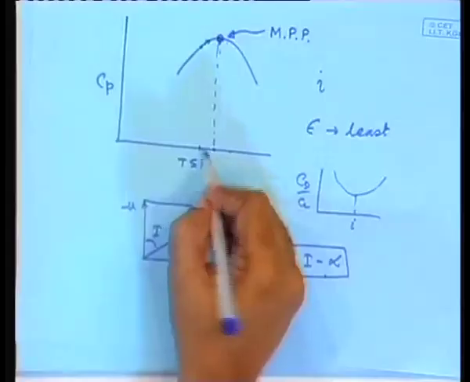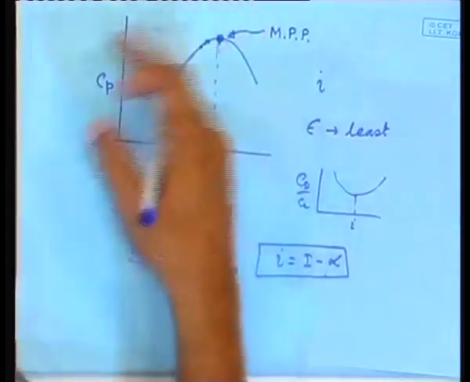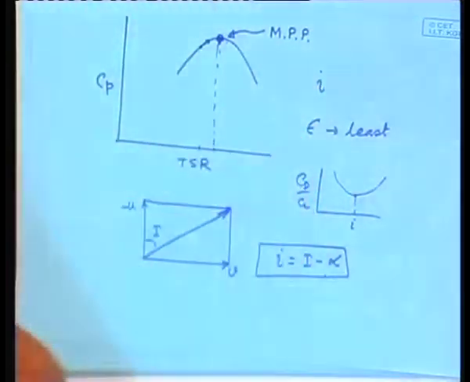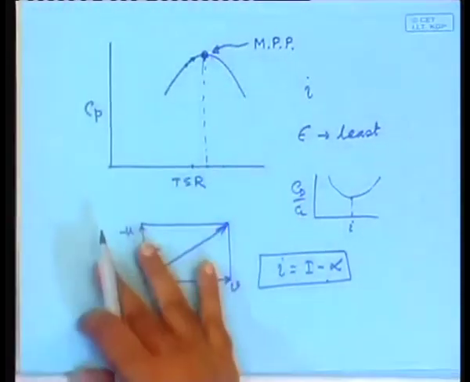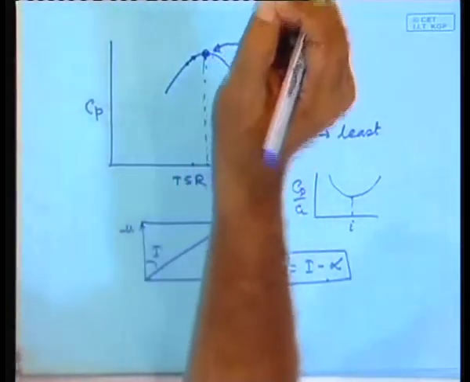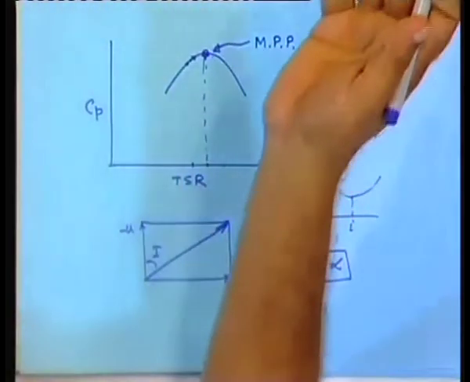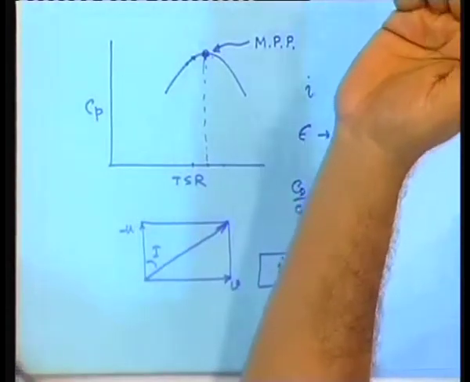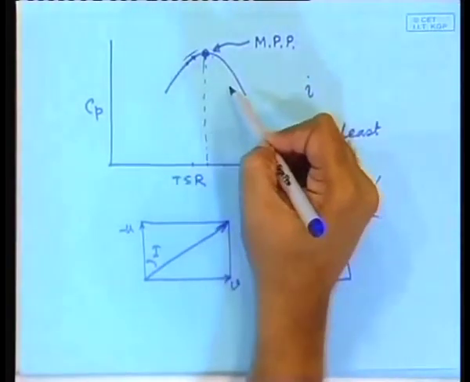As it becomes rough, the value of TSR at which the maximum power point is reached will also shift. So, even if you can obtain it for a particular time, that means when it is first installed, you cannot logically guarantee that it will remain the same throughout its lifetime.